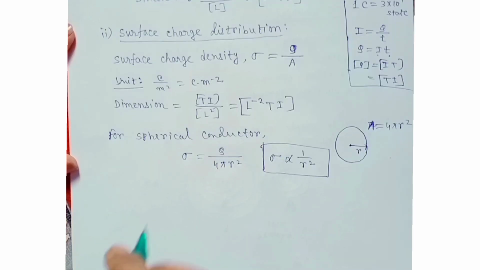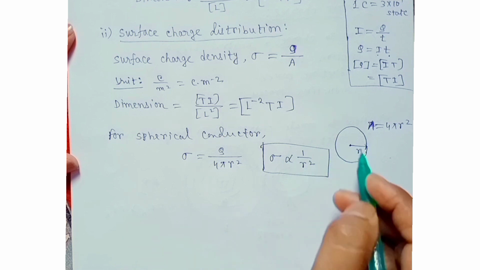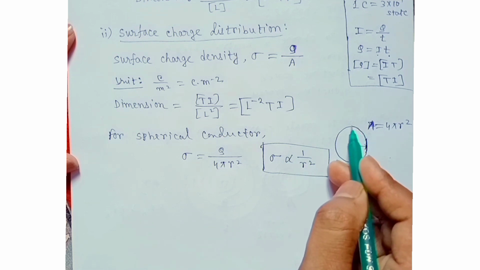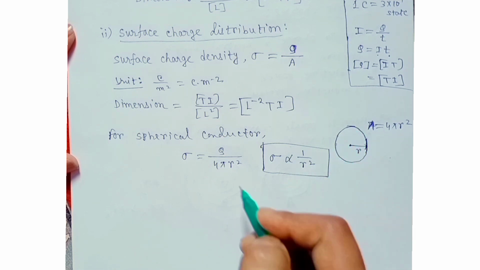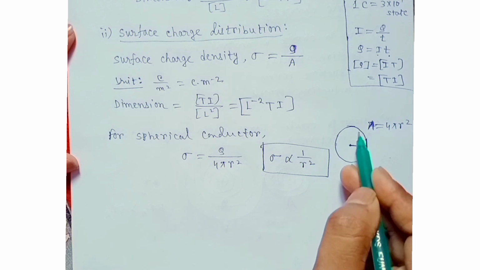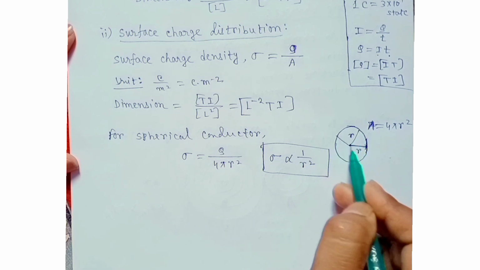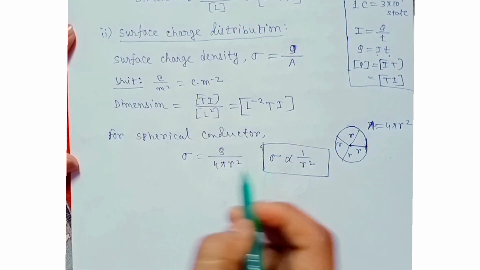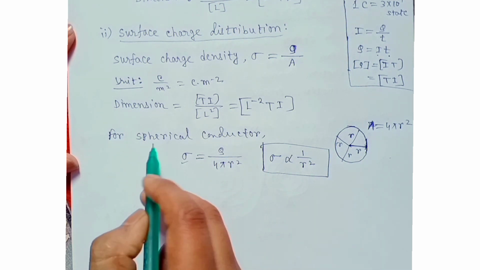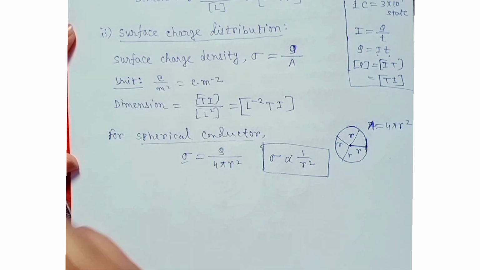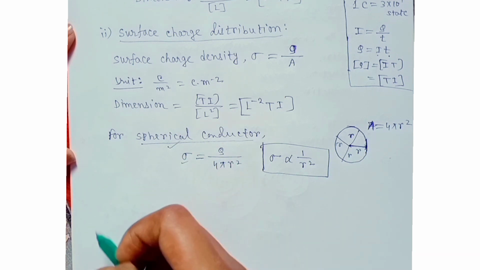Okay. And since the curvature is always the same at every elementary portion of the sphere, and the distance is also the same, that means every distance is equal to the radius of the sphere, then sigma is constant for a spherical conductor. So this can be an MCQ question, that which shaped conductor has the uniform surface charge density, and the answer will be the spherical shaped conductor.